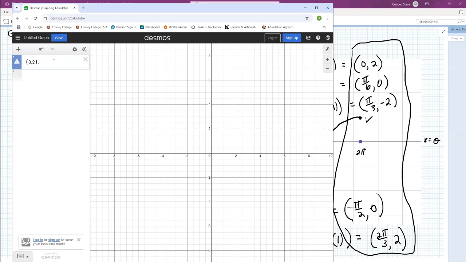So I'm going to put the pi over 6, and 0. And we got pi over 3, -2. Pi over 2, 0. And finally, 2 pi over 3, 2.